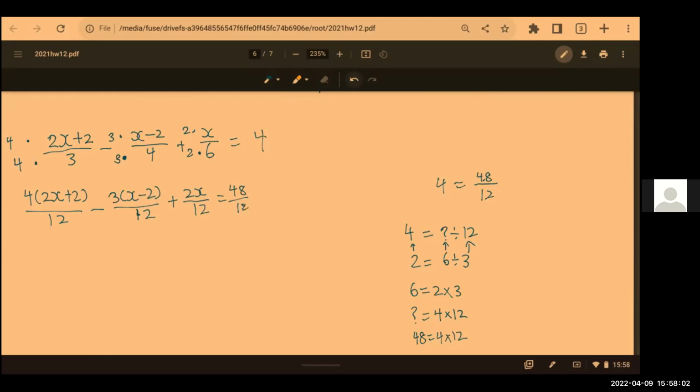Cancellation. Cancel the 12. So basically each term has 12, you can cancel the 12. Yes. Then what you are left with, both left hand side and right hand side, continue. No more 12 already. So when you have 12 throughout, you can cancel.